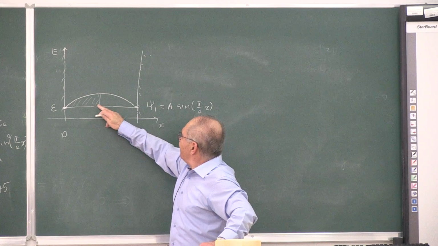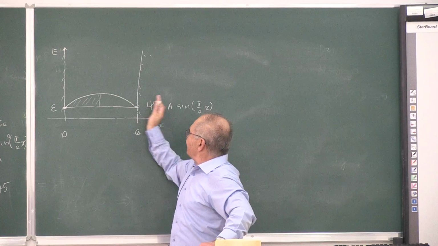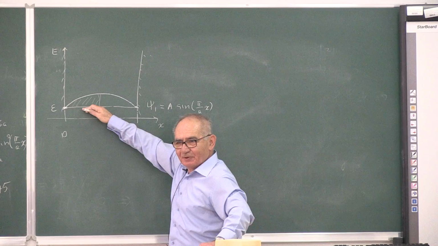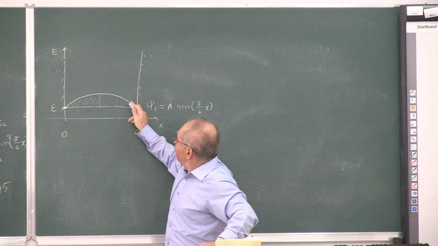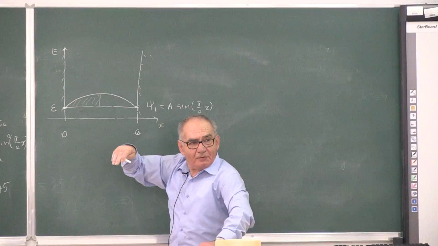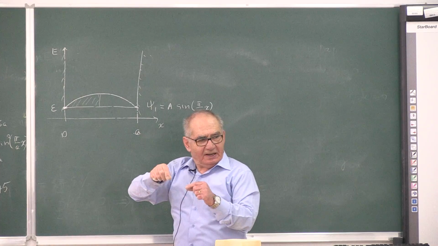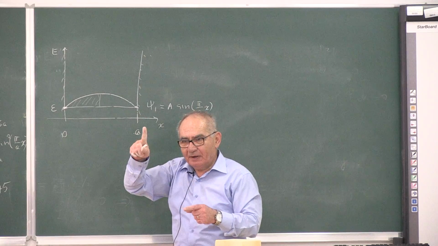You notice that the area on the right side of the middle point is also the same as the area on the left side. The total area under the curve, we know how much it is? The integration from 0 to a is 1.